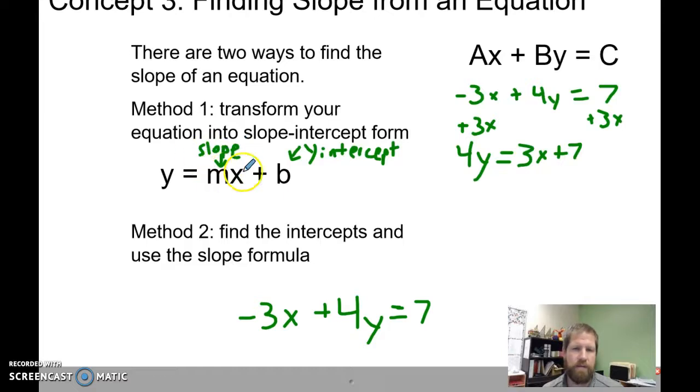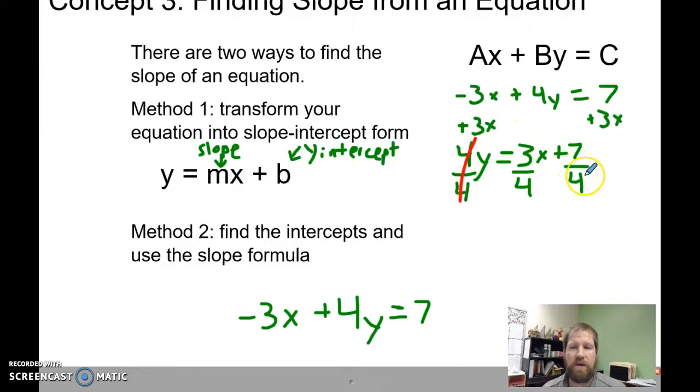It's right there. So our next step from here is to divide. If we're dividing by whatever is next to y, we have to divide every term by that. Those cancel out, and there I've got it: y equals some number times x plus another number.